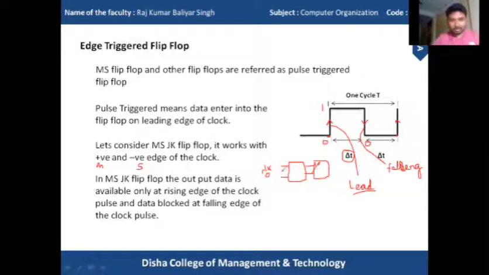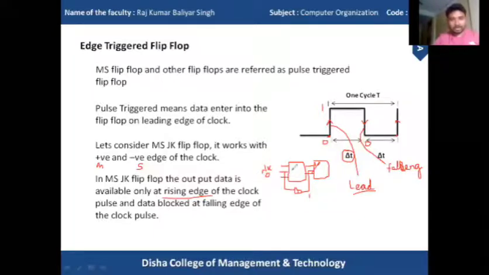That means this flip flop, the slave, receives the value 1. So on the rising edge only the data is received by the flip flop.